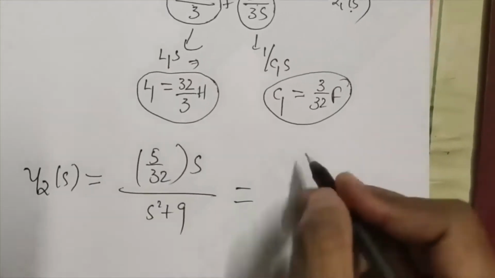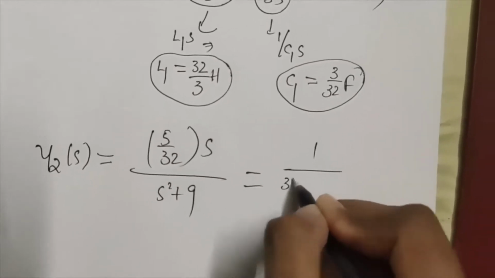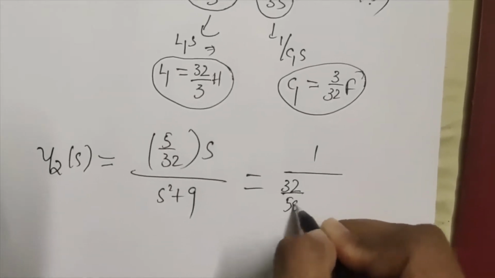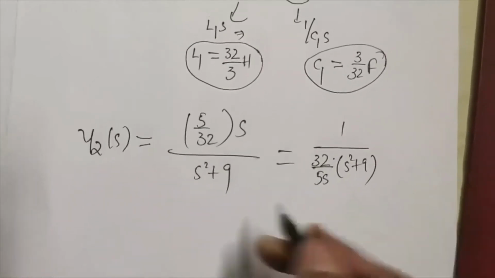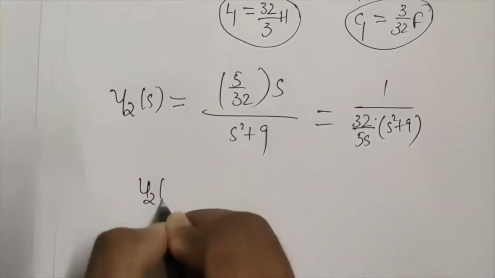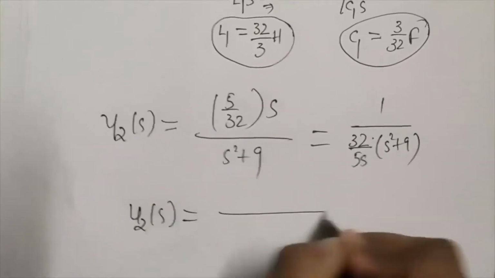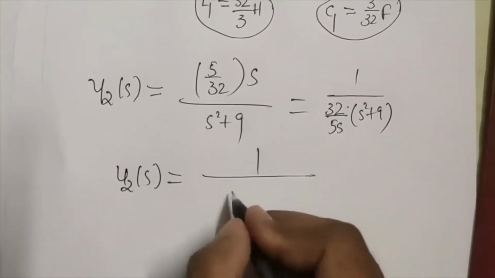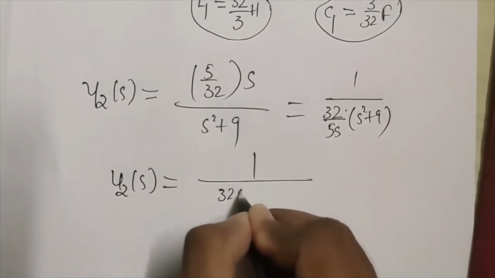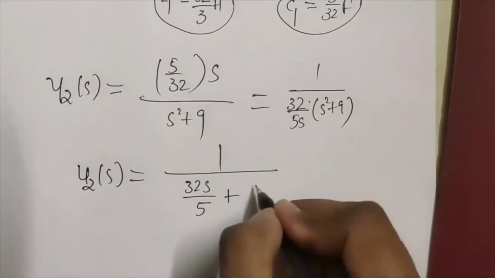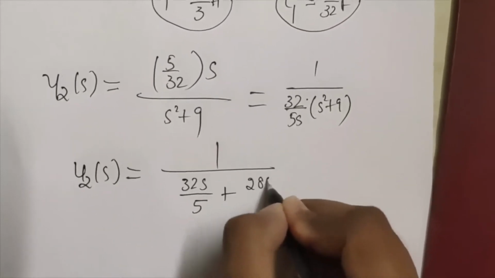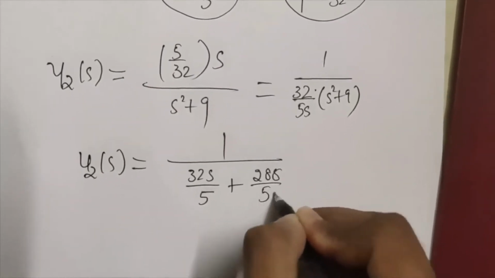This I can write as 1 divided by 32 by 5s into s square plus 9. So if I multiply, Y2 of s becomes 1 divided by 32s by 5, and this becomes 288 by 5s.